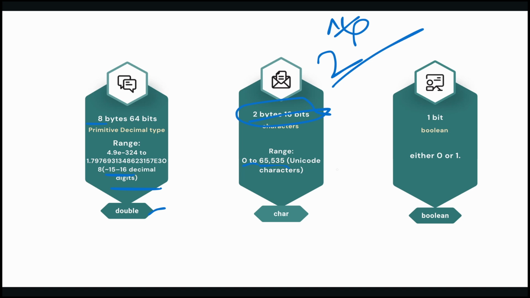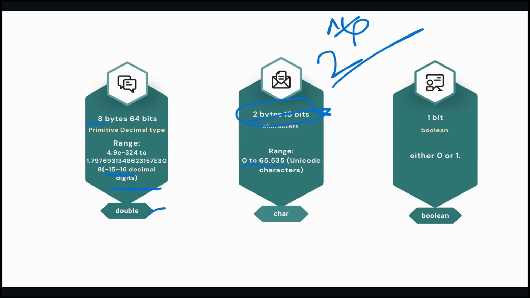Just imagine 65,000 characters that it can hold. Don't look at 535. 65,000 characters is huge. Almost 99% of languages' characters can be included in 65,000 characters. So it supports almost every language.